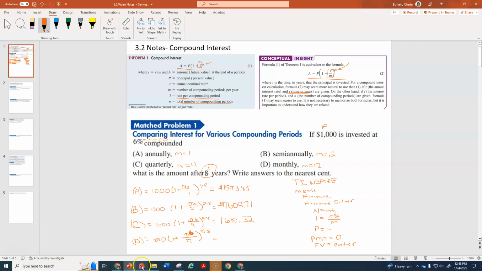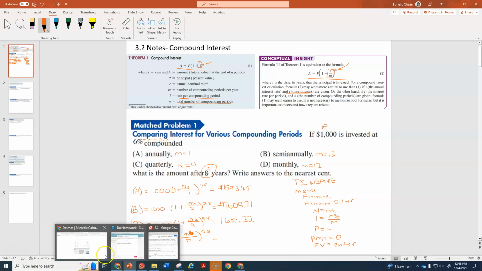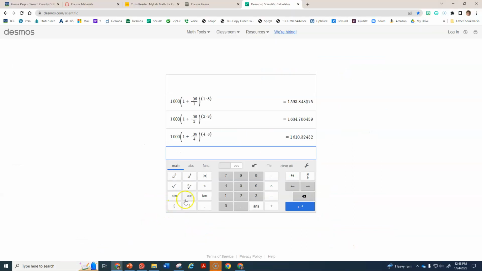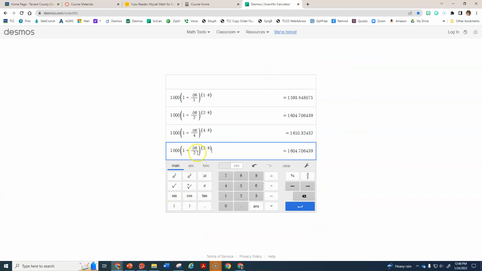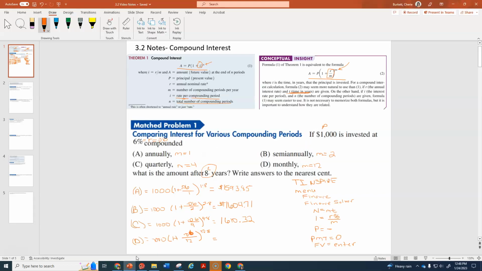And that amount is going to be, I'm going to do paste again, and this time that's 12 and that's 12, and it's 16, 14, 14. $1,614.14. You can do the same thing on TI Inspire.